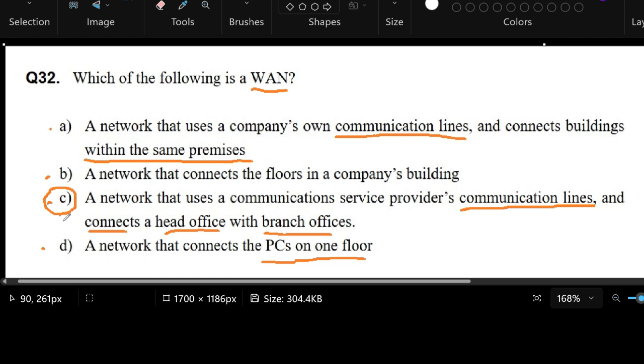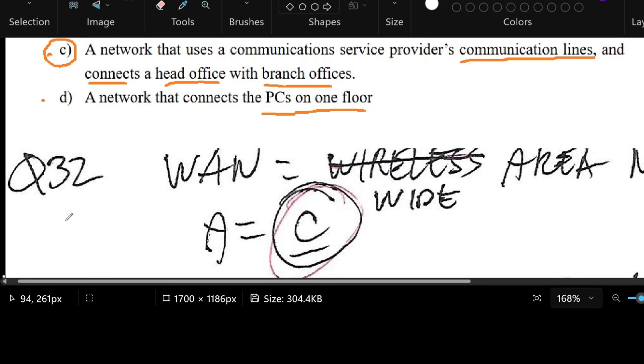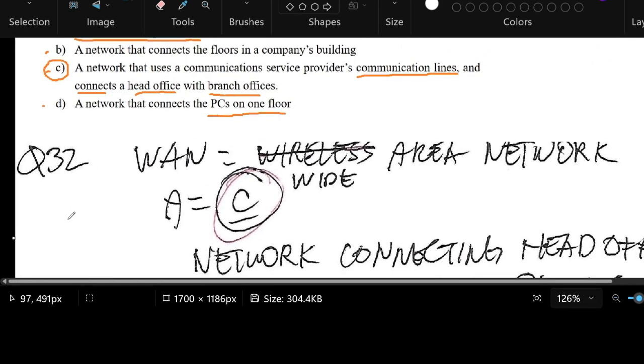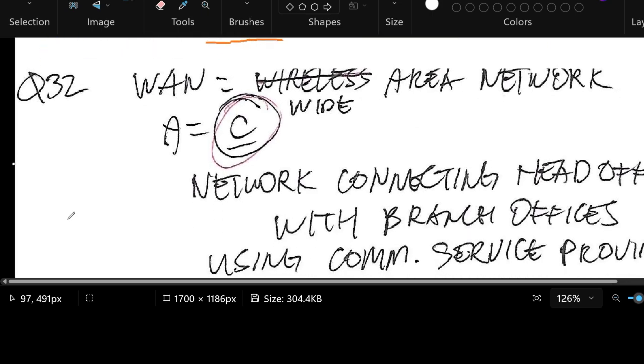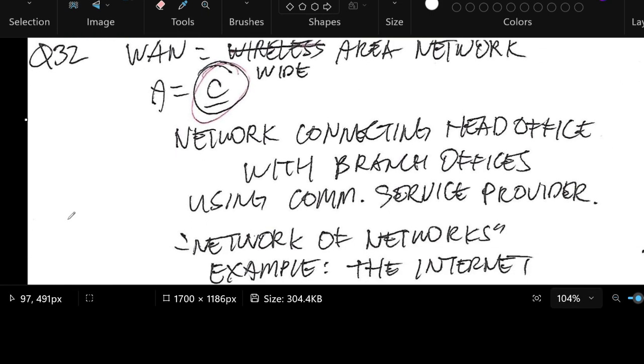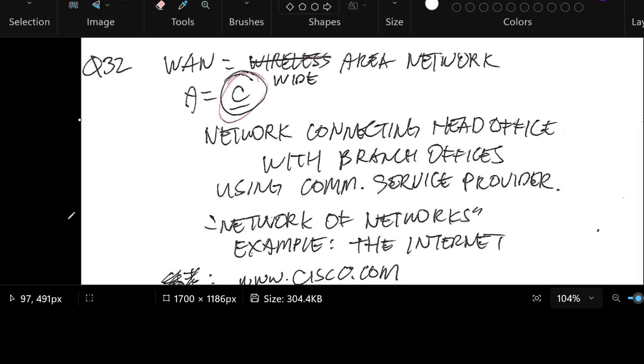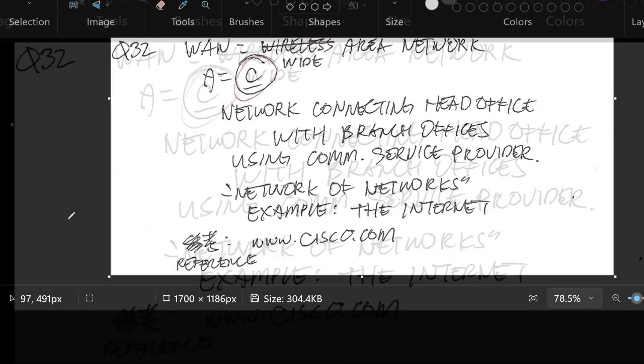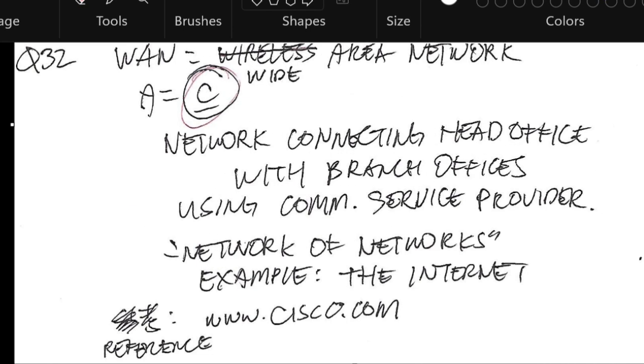Let's see my notes to find out if there's anything else we can add. Okay, so this is from Cisco, referencing Cisco's notes.